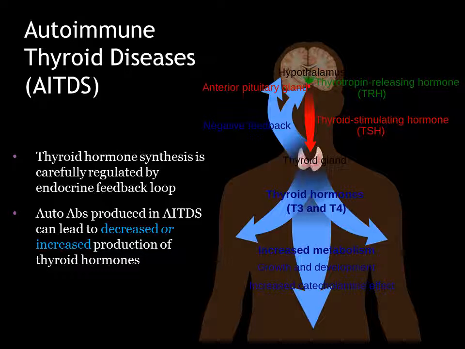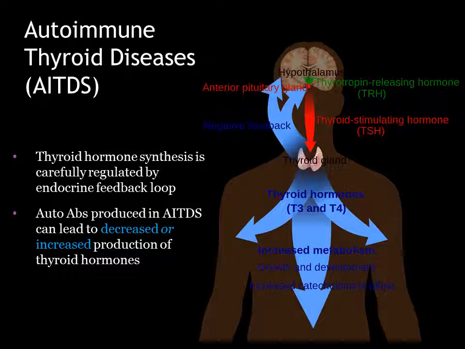There are several autoimmune thyroid diseases, or AITDs. We're going to look at a couple of them. You may remember from physiology that the feedback loops for regulating thyroid hormone are relatively complex. And so, in my mind, whenever a system is complex, it means a lot could go wrong. And so there are different aspects of thyroid disorders, implying different things happen.